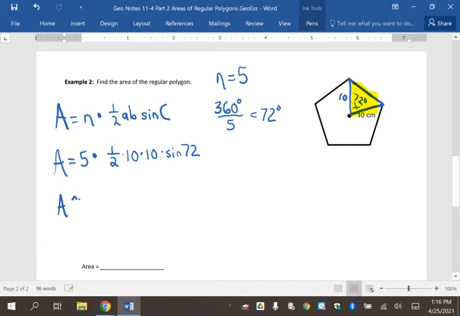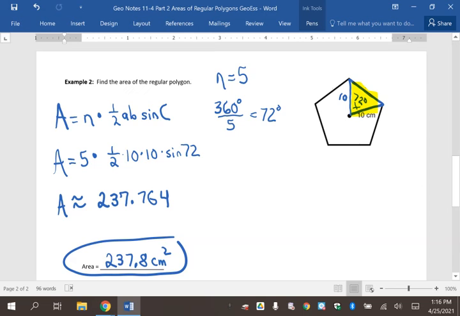And let's round to the nearest thousandths. 237.764. Now, they don't say how many decimal places to round to. So let's just go ahead and round to the tenths. 237.8, and this would be square centimeters.